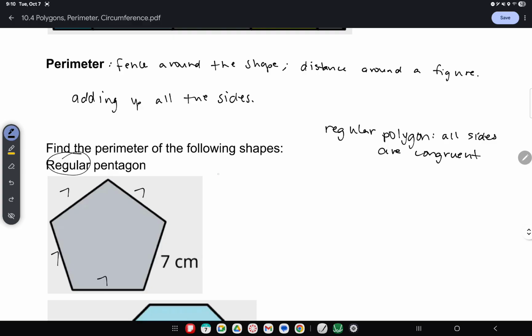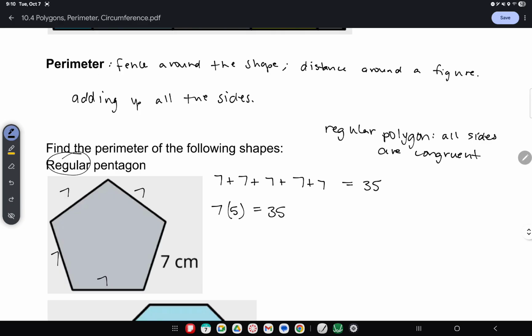So I can add them all up. I can say 7 plus 7 and do it 5 times for the 5 sides, and I'll get 35. Or I can say, hey, I have a side length of 7, and I have 5 of them, so I can do the multiplication. 7 times 5 is 35.